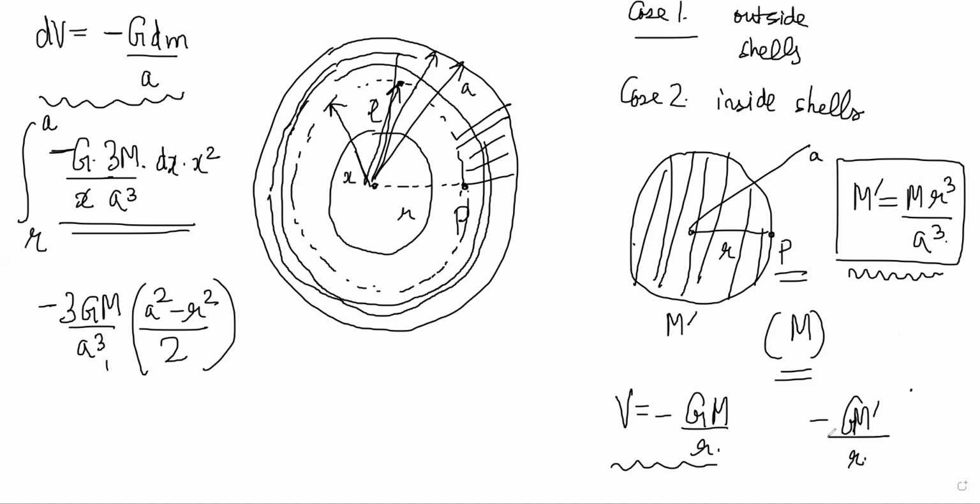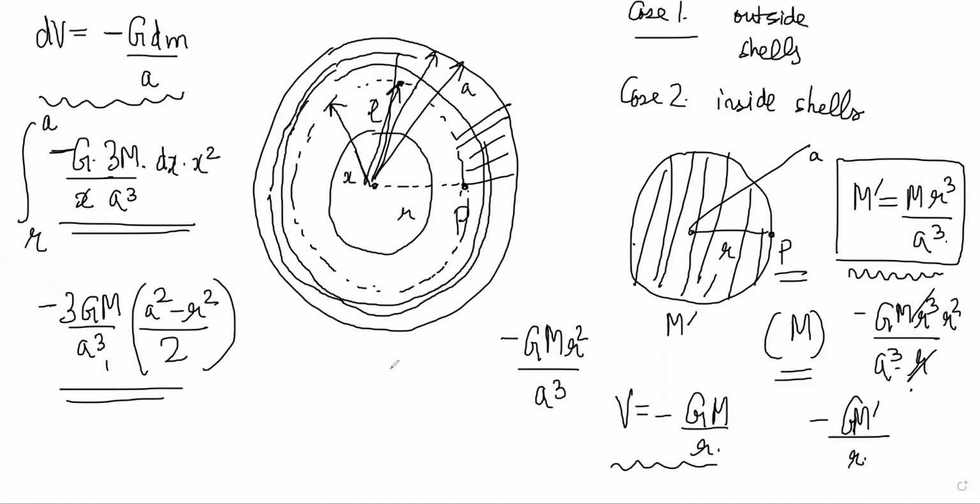So you will get minus g m r cube by a cube by r, and you can get r square by a cube. So in the previous integration, I made some mistake. You can check it yourself, but it is obvious that it has to be minus g m r square by a cube. And this is due to the outside part.